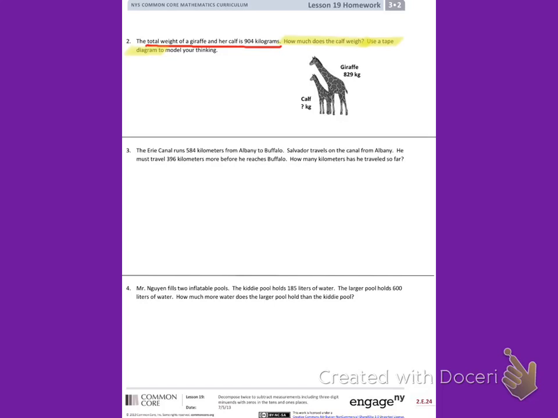Alright, so drawing a tape diagram, I can tell that looking at the picture, the giraffe weighs 829 kilograms. And we're unsure of how much the calf weighs. So let's draw the tape diagram this way.